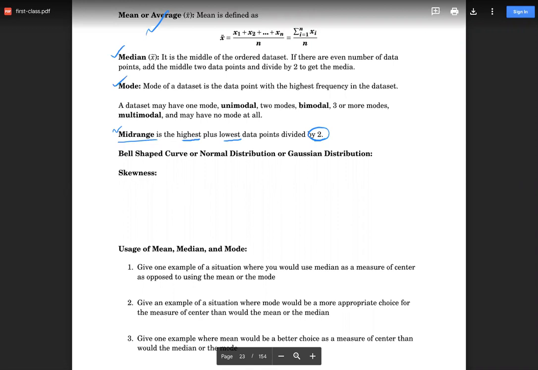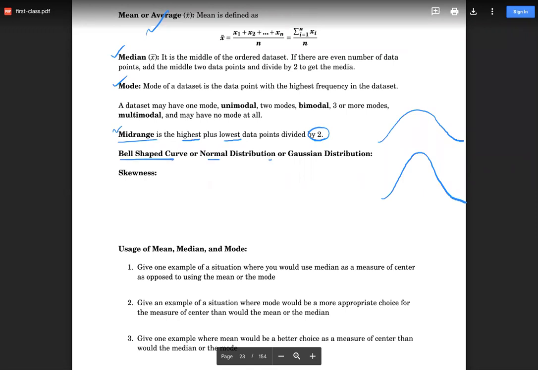And then bell-shaped curve or normal curve. Let's talk about this bell shape. This is the bell-shaped curve. It looks like a church bell. Maybe I will try to draw a nicer one. The bell-shaped curve is also called normal curve or normal distribution.